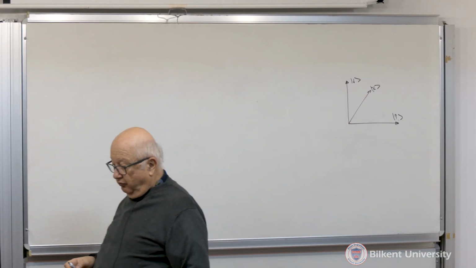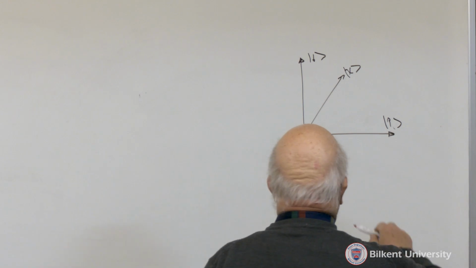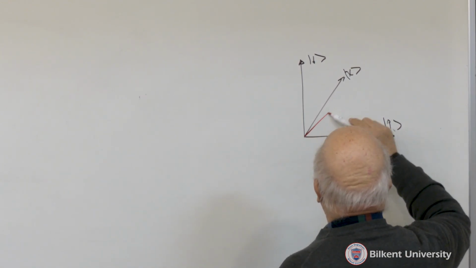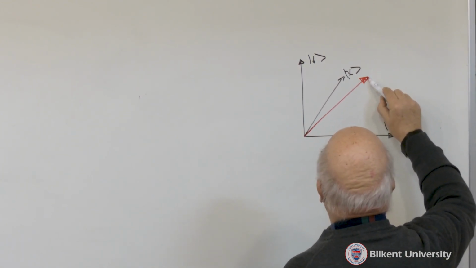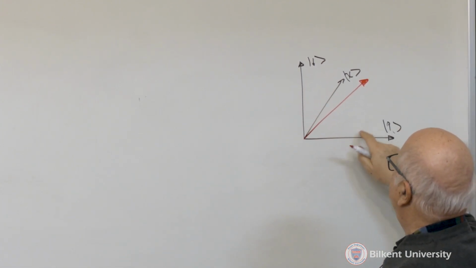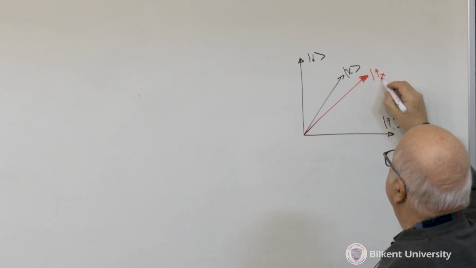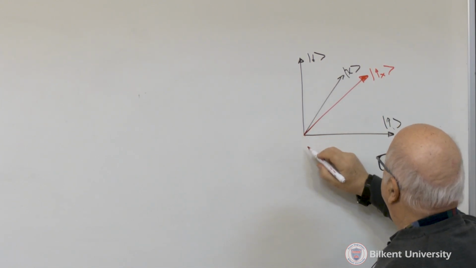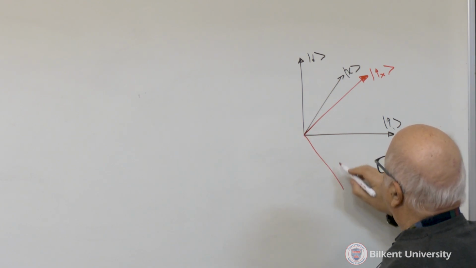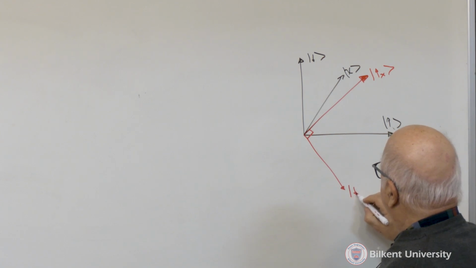I could, of course, use an orthonormal basis. Remember what that is, okay? So if I just take this direction, square root of 2 up and square root of 2 down, that is what we are calling up x. And in fact, if you take a perpendicular to this, that's the down x, right?